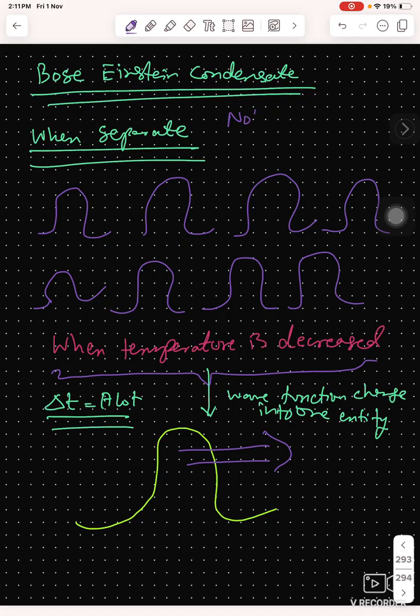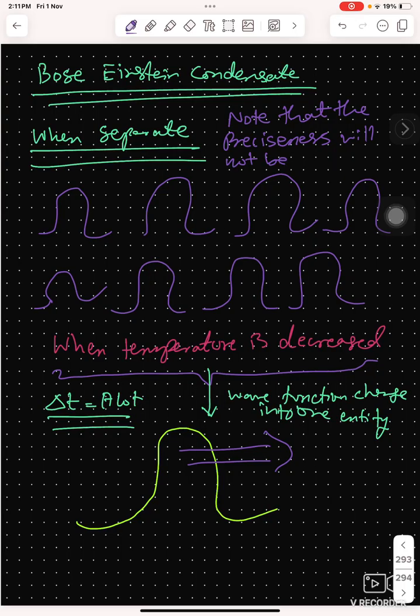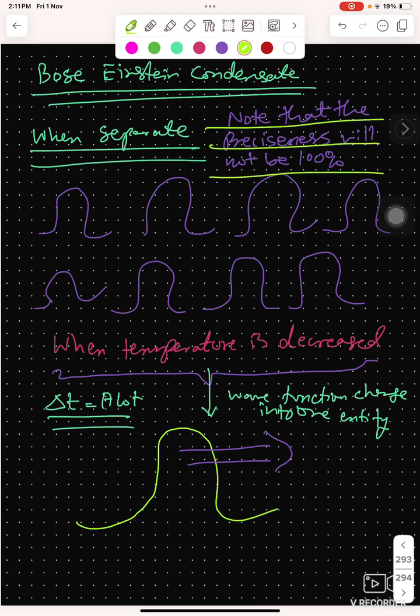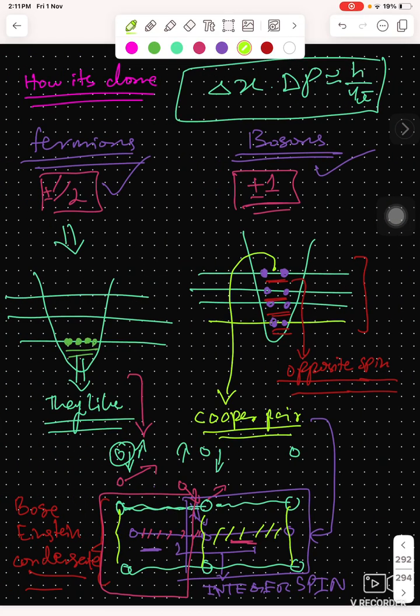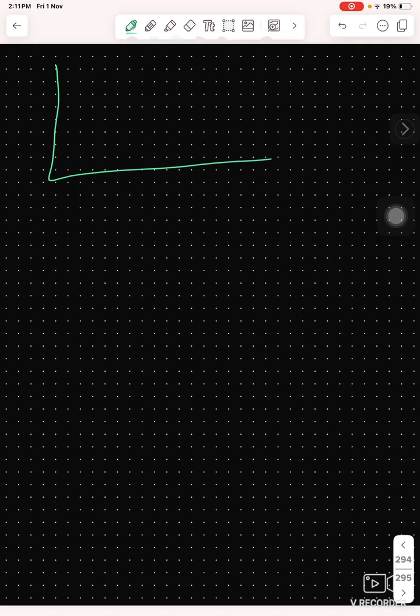Note that the preciseness will not be 100%. There will be some which is low, but what we say is that for resistivity, if I make a graph, this is R and this is temperature.